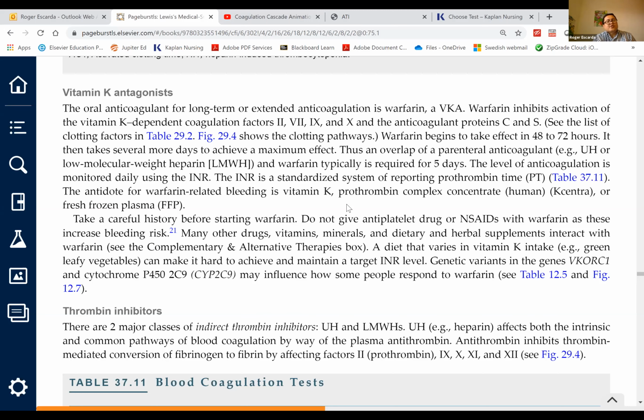What do you give first, warfarin or heparin? Both together. But which one first? Heparin, yeah, heparin first. So you run the IV heparin, and we will practice heparin infusion calculation, as well as heparin bolus, probably next week.